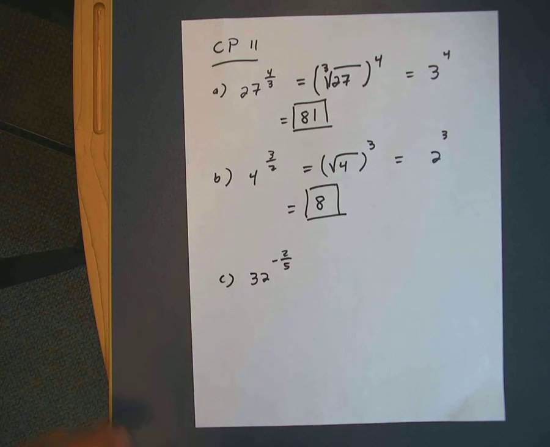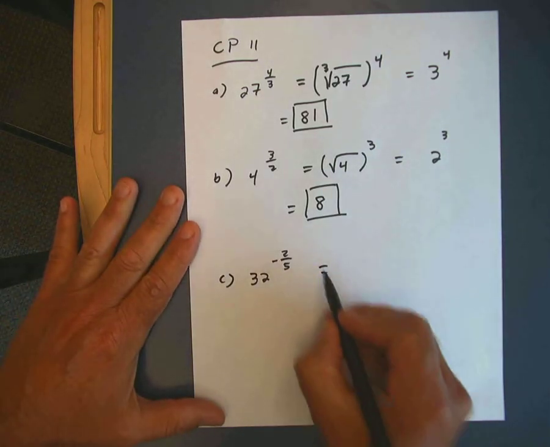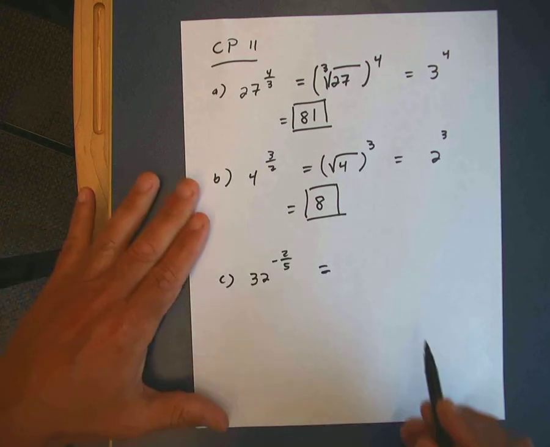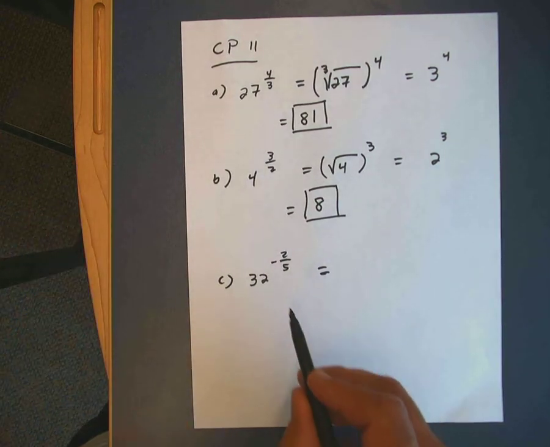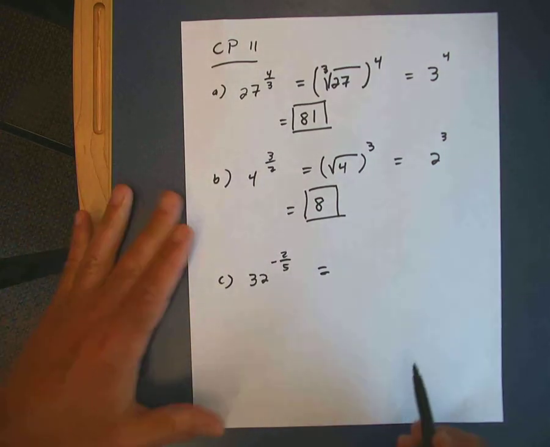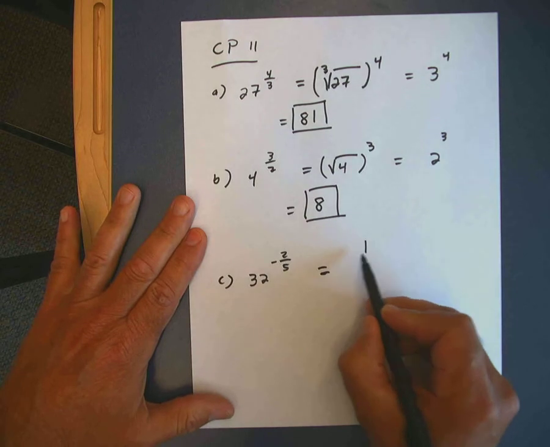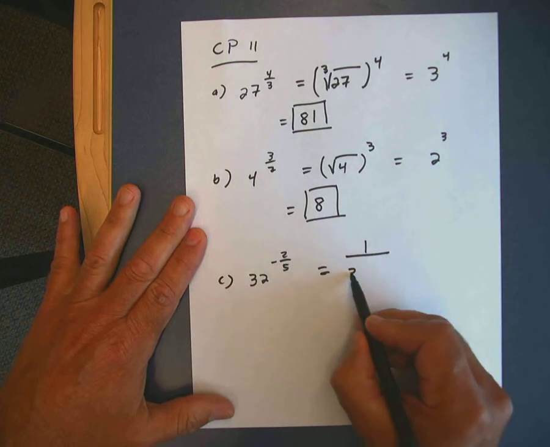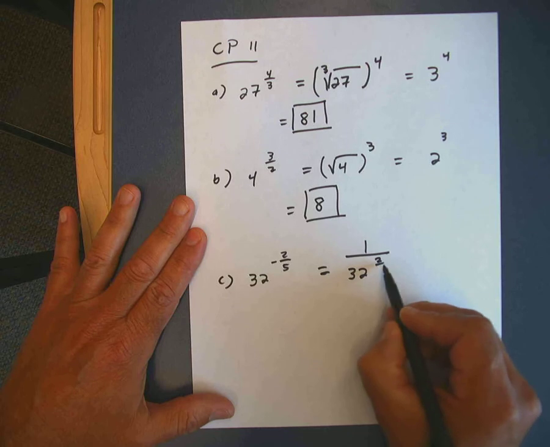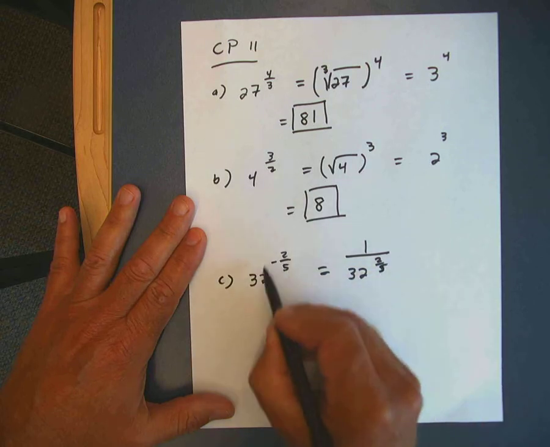Then our third example, 32 to the negative 2/5 power. We have a negative exponent there, so I write them with no negative exponents, and the negative means basically put it in the denominator. Write this as 1 over 32 to the 2/5 power. That would be equivalent to that expression.